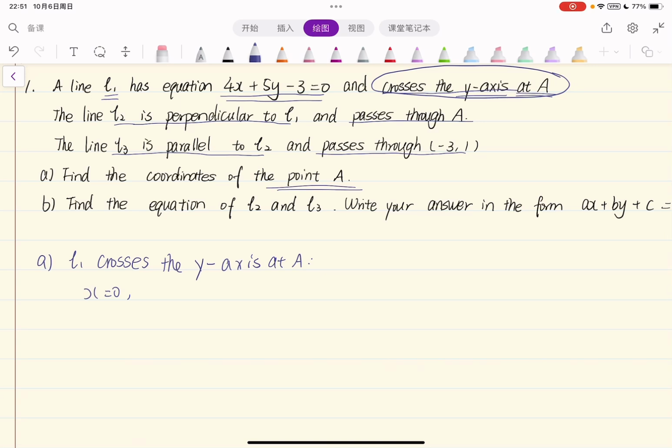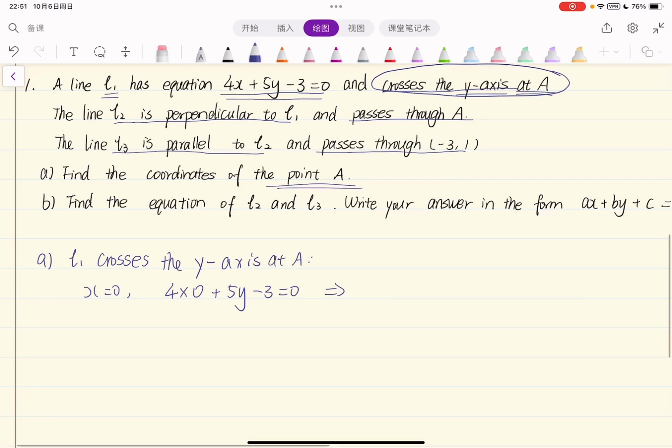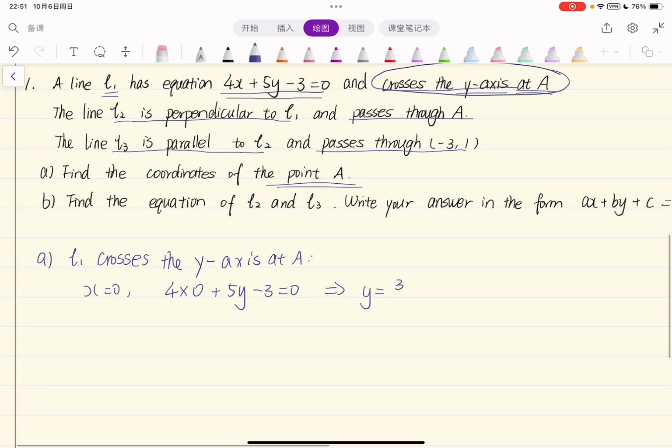We need to find the y coordinate, so we substitute x equals 0 into the equation: 4 times 0 plus 5y minus 3 equals 0. We get y equals 3 over 5. So the point A is (0, 3/5).